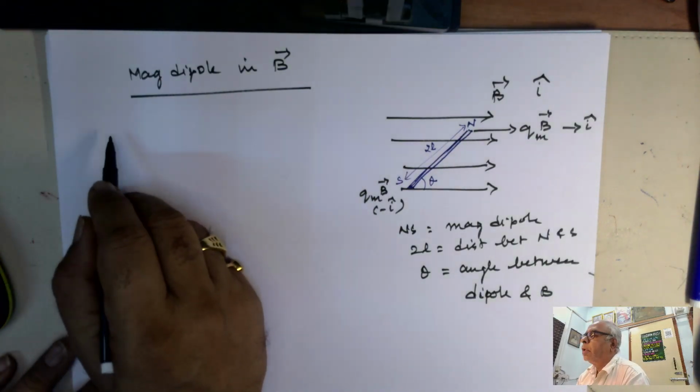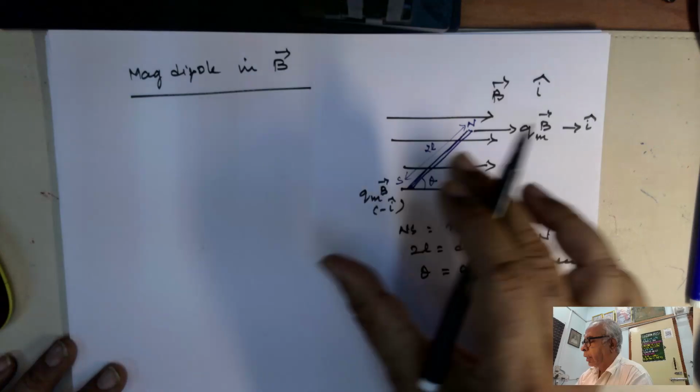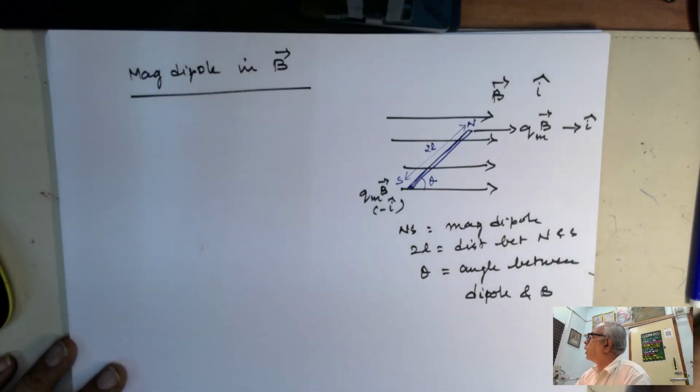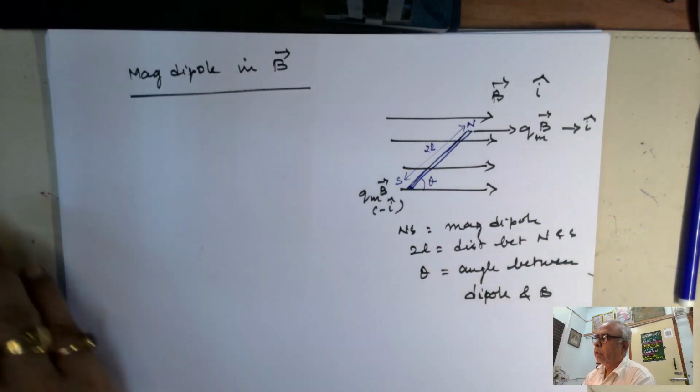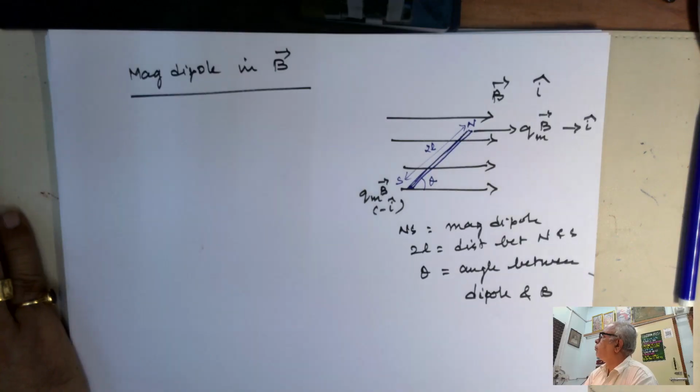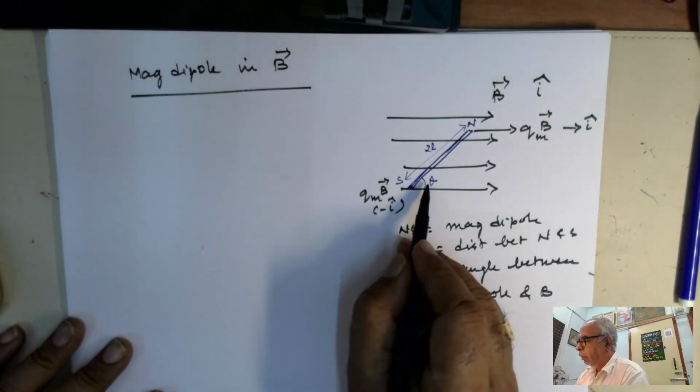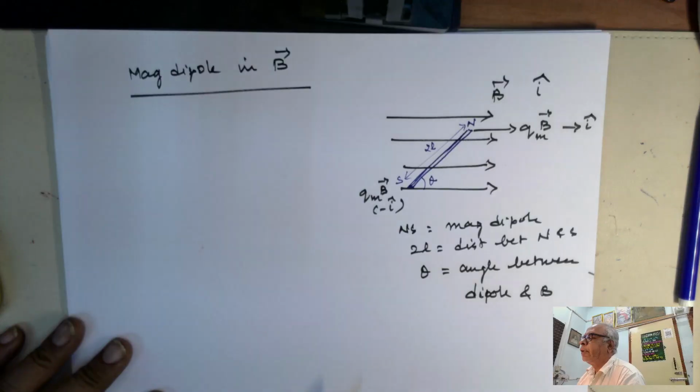Now let us consider a dipole of length 2L placed in a uniform magnetic field B. Theta is the angle between the magnetic field and the dipole.